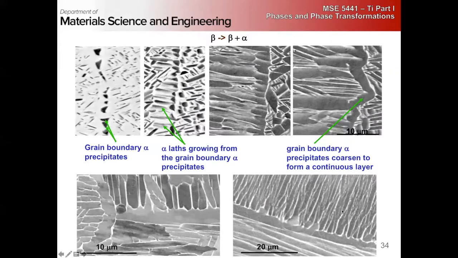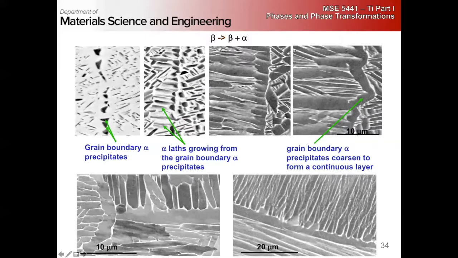So if we just look at beta transforming into beta plus alpha in the two-phase field, we get grain boundary alpha precipitates, and then Widmanstätten type laths growing from these grain boundary alpha precipitates.